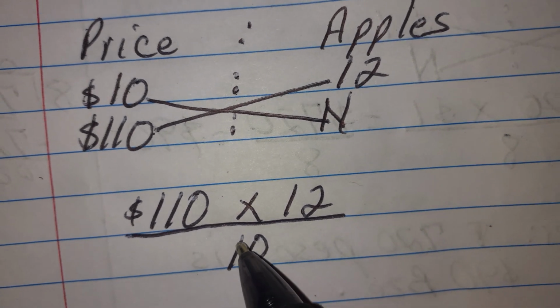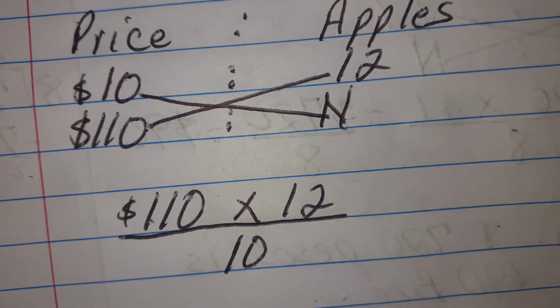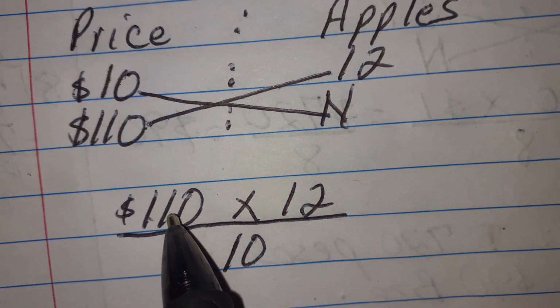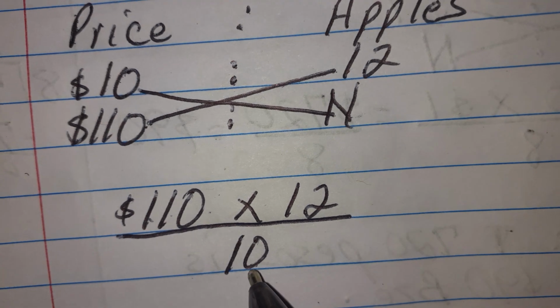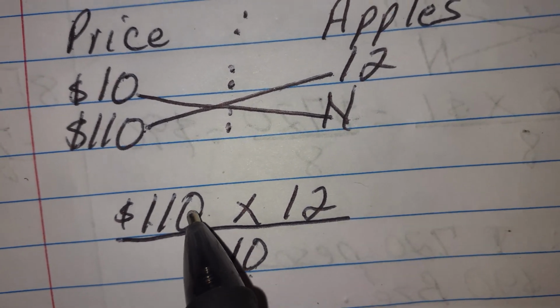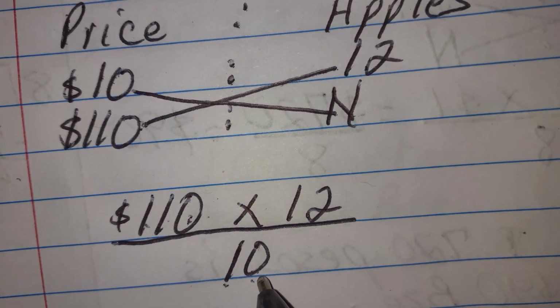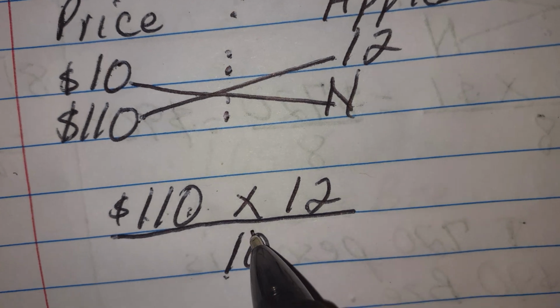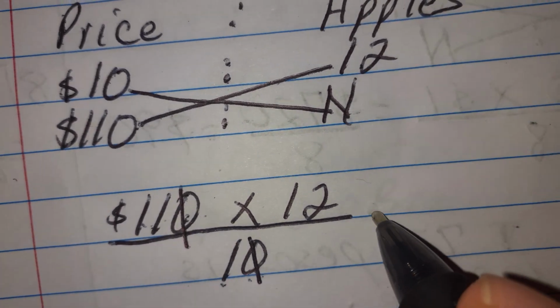I can either cancel the 10 and the 110. Or I can multiply 110 times 12. And then I divide by 10. But let me do it the short way. There is a 0 at the end of 110 and a 0 at the end of 10. So what I do is I cancel the zeros and I end up with 11 times 12.